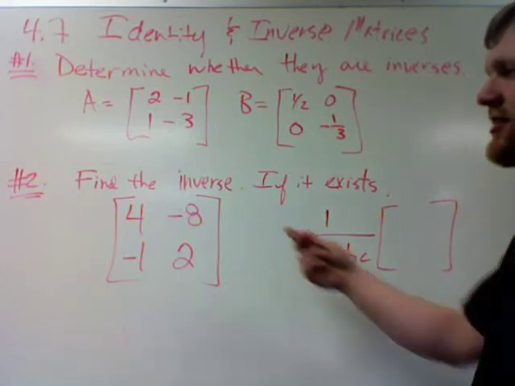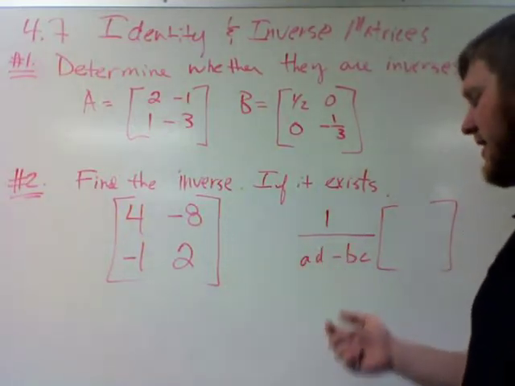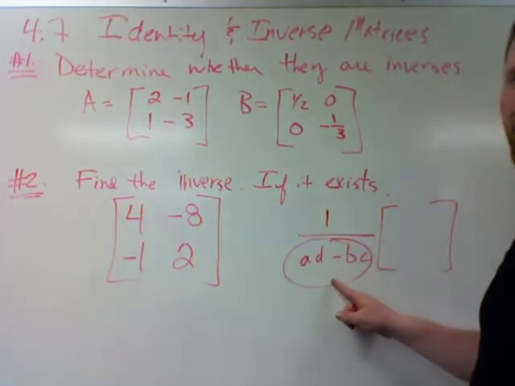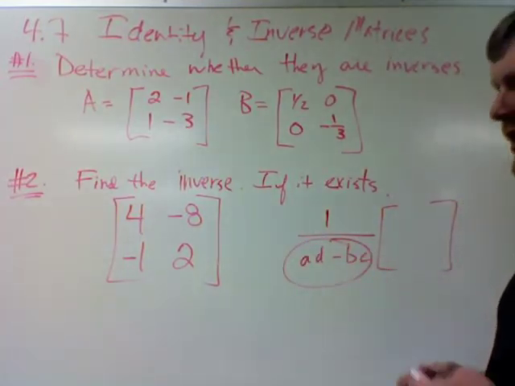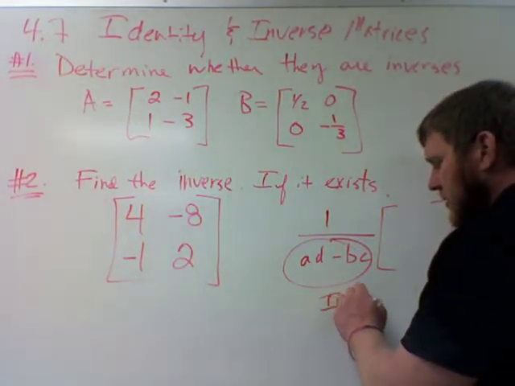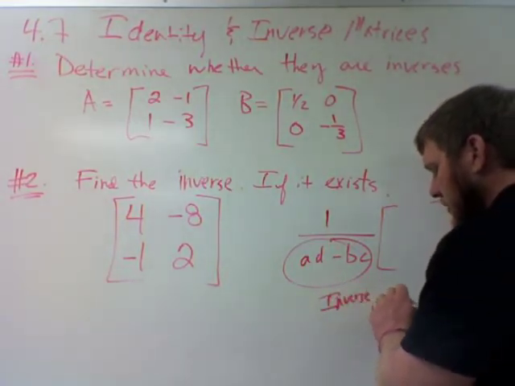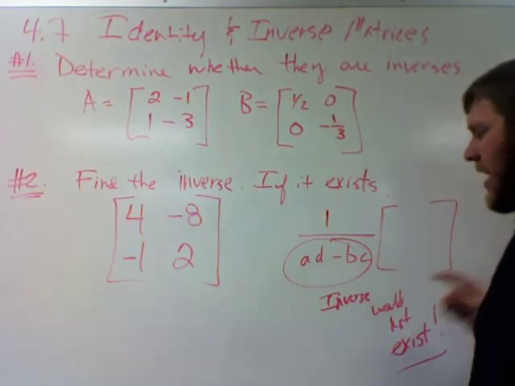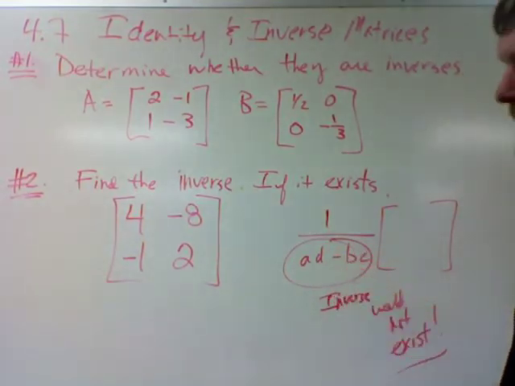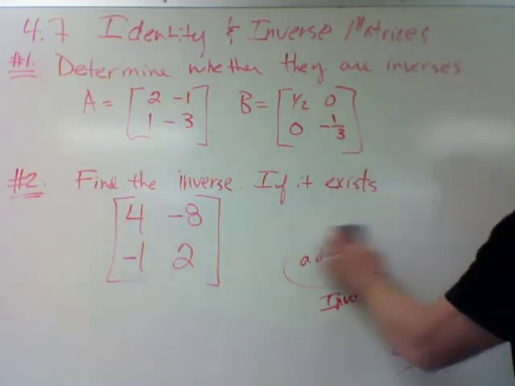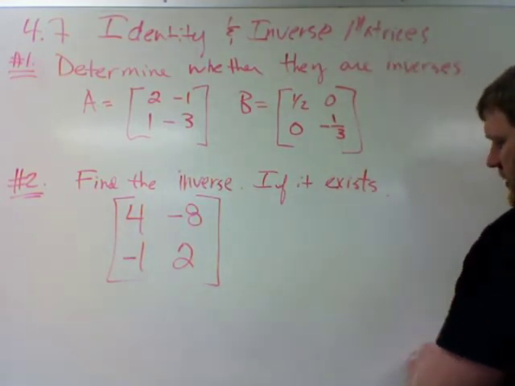That's what you would end up writing. If this expression were ever to be 0, then the inverse would not exist. So that's a heads up on that. All right, so try these problems and see where you can get.